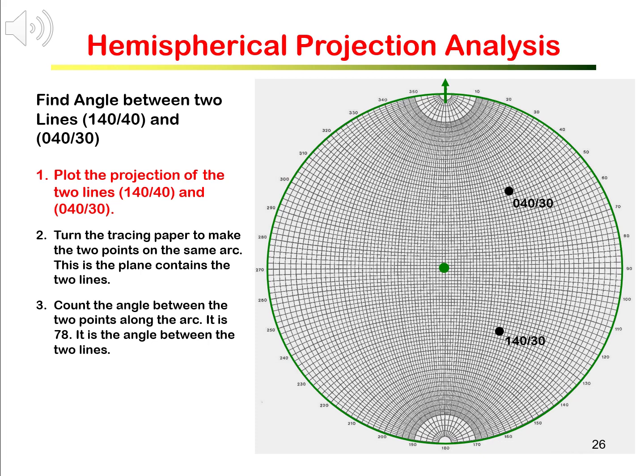Step 1 is to plot the projections of the two lines: 140, 40, and the other line 40, 30. You have already learned to do that, and it should be done rather easily. There are 2 points as shown on the drawing here.